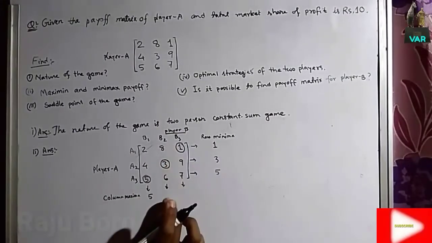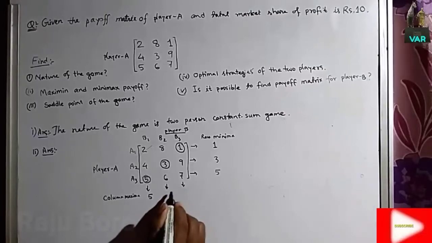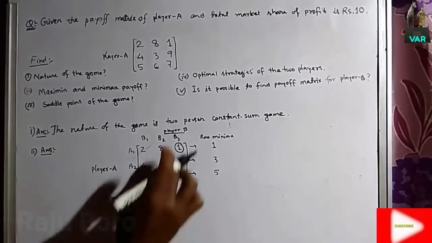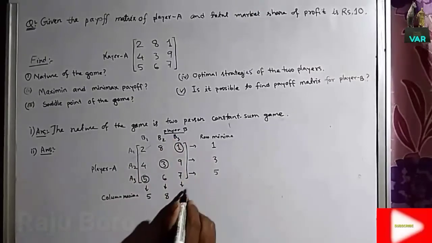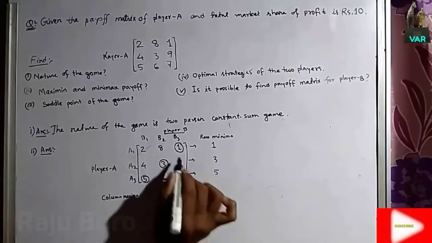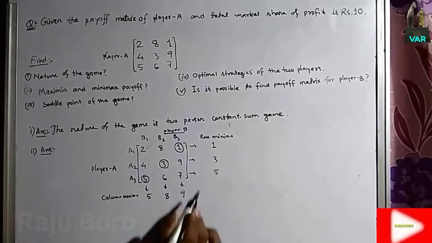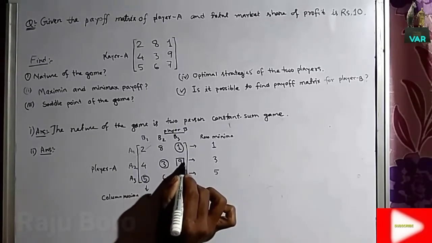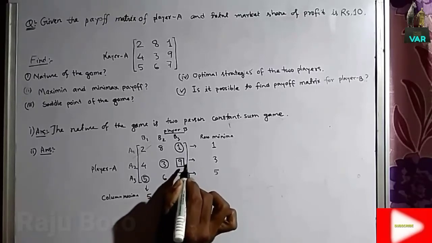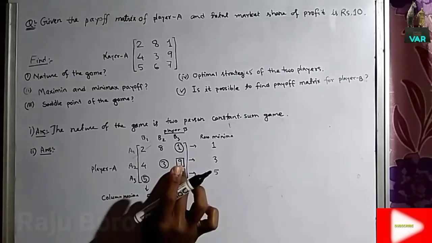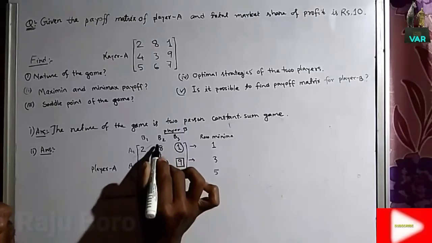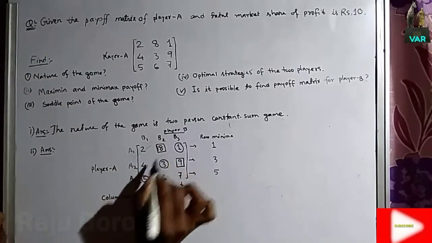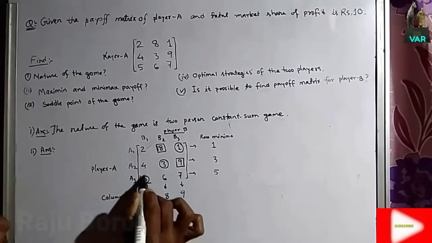For the B2 strategy, the second column, the column maximum is 8. And for the B3 strategy, the column maximum is 9. Now we mark the column maxima with a square box.